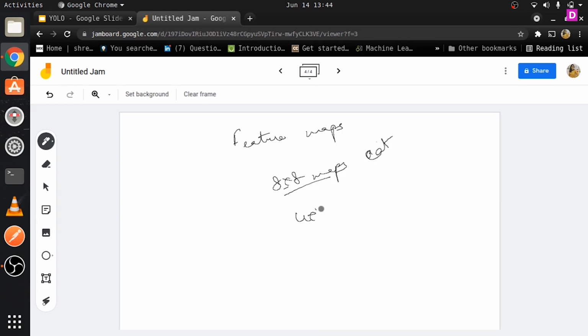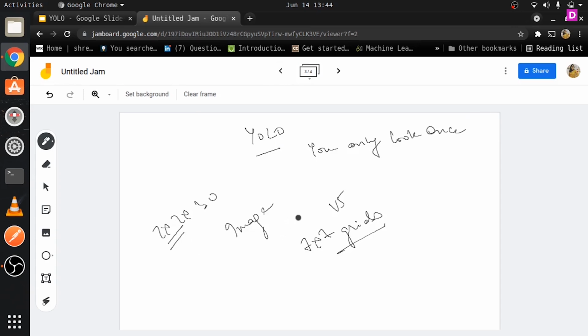At the same time we talked about 4 cross 4 feature maps, which were used to detect a dog, if you remember the last image when we talked about SSD. In the same way here, we will divide the image into 7 cross 7 grids, instead of using 4 cross 4 or 8 cross 8, and into 30, we'll talk about this. But yeah, you have 7 cross 7 grids.